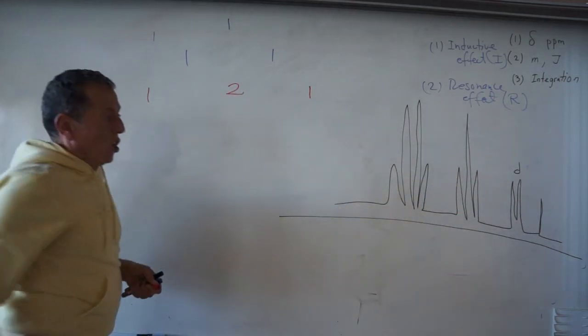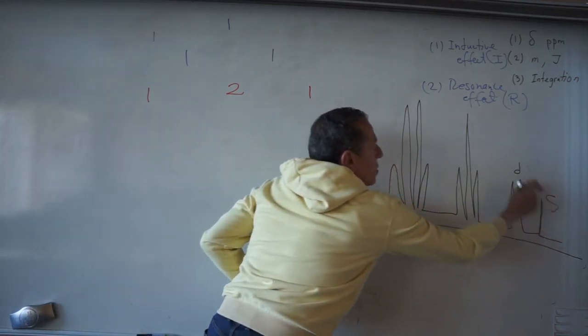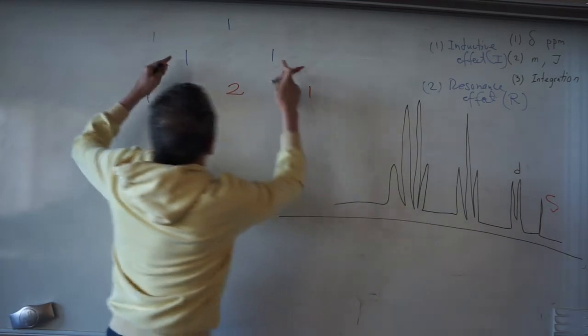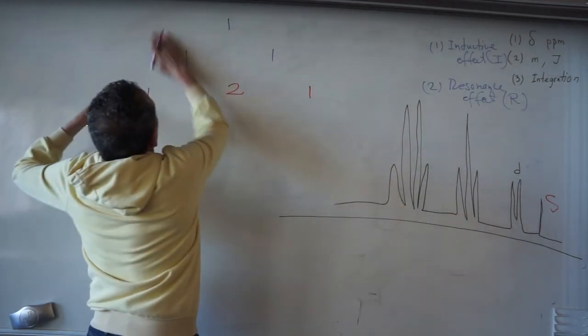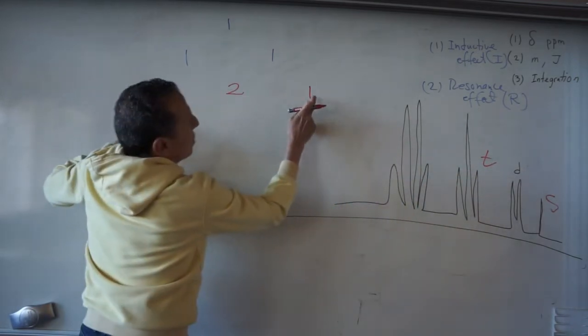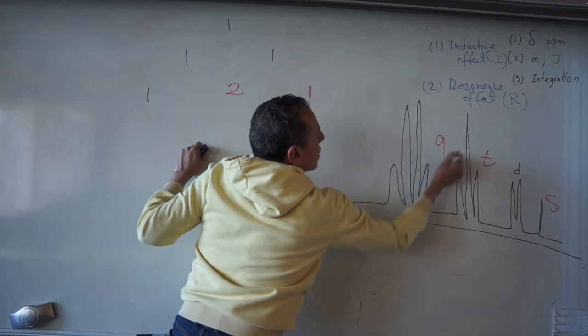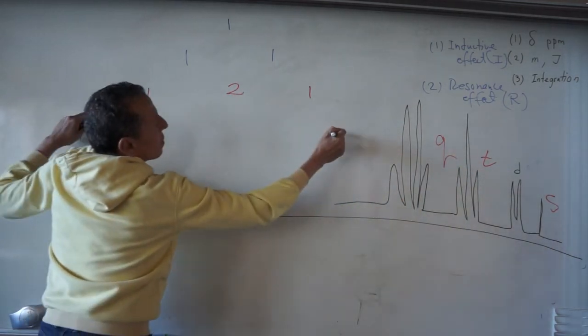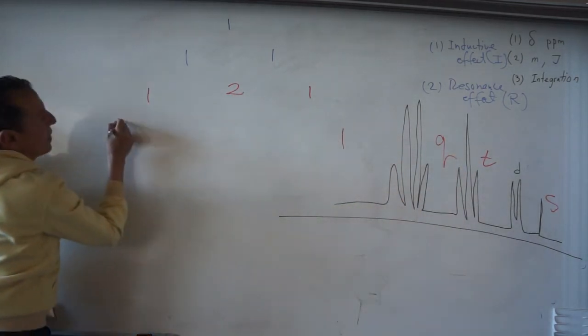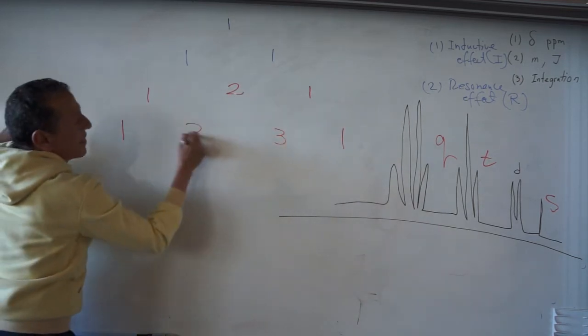This is the intensity. So this we call a peak, but it is a singlet. This you call a peak, but it is a doublet. And this is the intensity of a doublet. This you say is a triplet, and this is the intensity 1, 2, 1. Here is a quartet, and in this quartet again on the right hand side 1, left hand side 1. In the middle 1 plus 2, 3. 2 plus 1, 3.